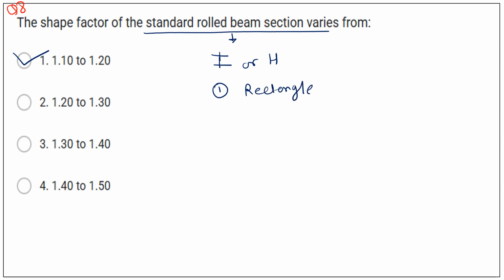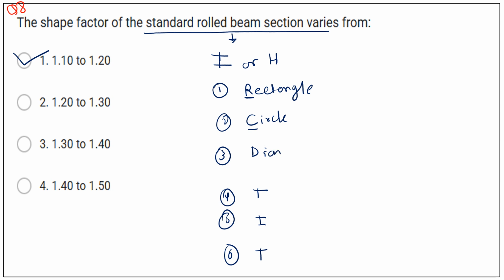There is one trick to remember this shape factor. First, there are 6 shapes. First one is rectangle, so remember R. Second one is circle, C, RC, then DT, and then IT. These are the shapes: first is rectangle, second is circle, third is diamond, fourth is triangular, fifth is I or H beam, and last is T. The value for the rectangle is 1.5, for circle 1.697, for diamond 2, and for triangle 2.34.